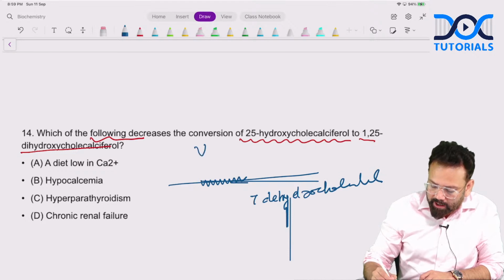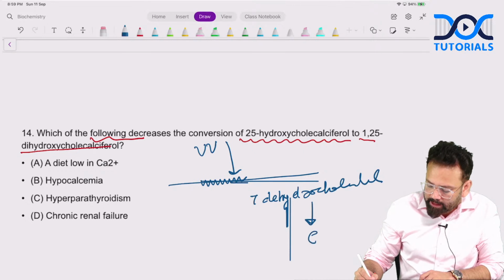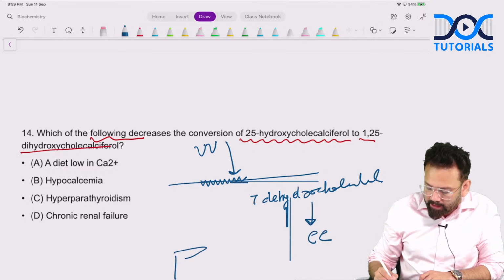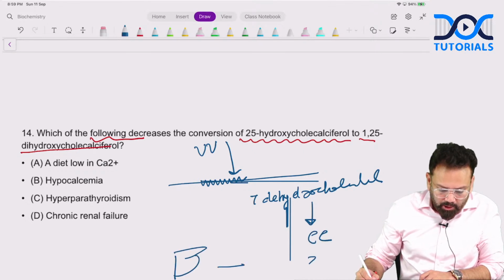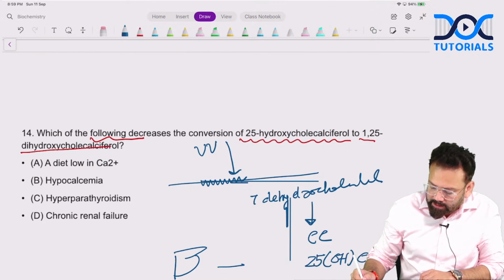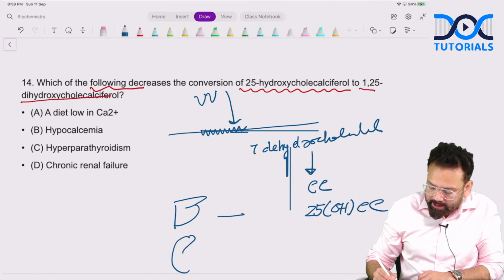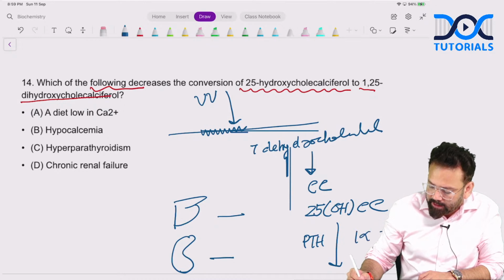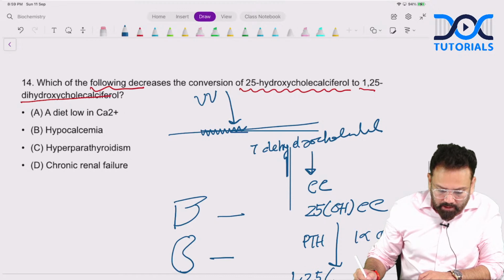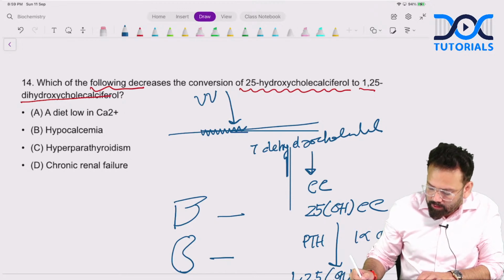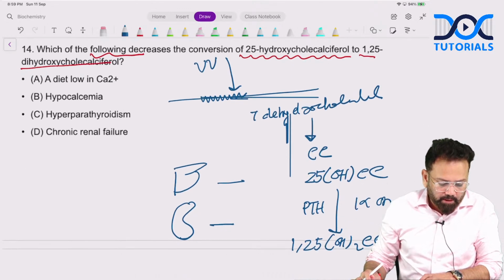When ultraviolet rays fall, it is converted into cholecalciferol. In the liver, it forms 25-hydroxycholecalciferol, and in the kidney, in the presence of parathormone and 1-alpha hydroxylase, it converts into 1,25-dihydroxycholecalciferol. So what is the answer?